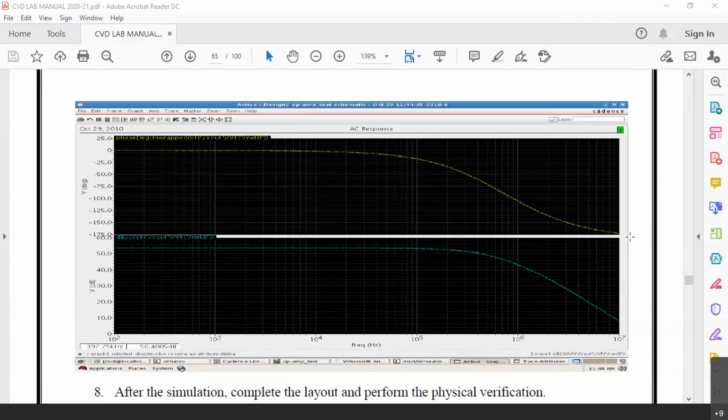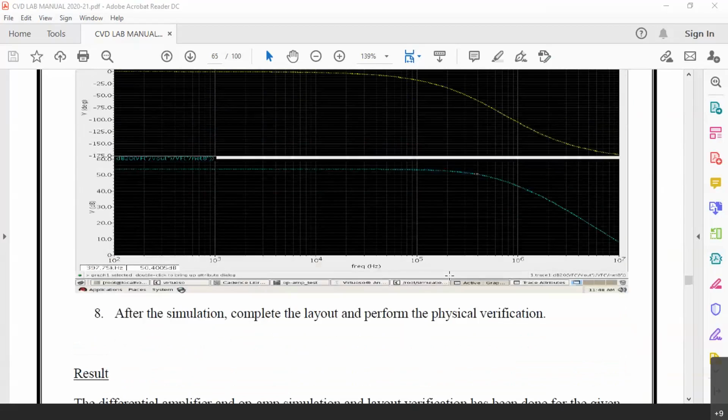From 0, phase has to become 180 and gain has to become 0. Here in this curve, it is not actually visible that way. When you actually conduct this experiment, you can increase this frequency from 10 power 7 to 10 power 9 or 10 power 12. You can actually measure the gain margin and phase margin.